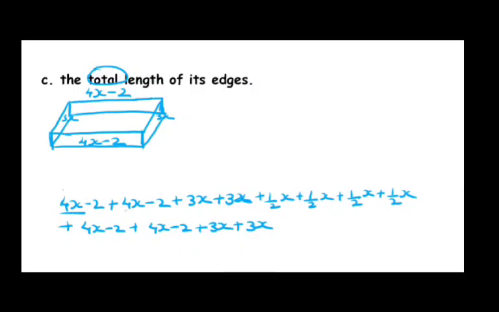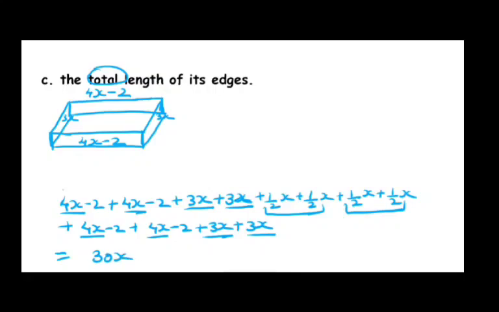So 4 plus 4, 8, 9, 10, 11, 12, 13, 14. Half plus half is 1. So 15, 16, 17, 18, 19, 20, 24, 27 and 30. So 30x.